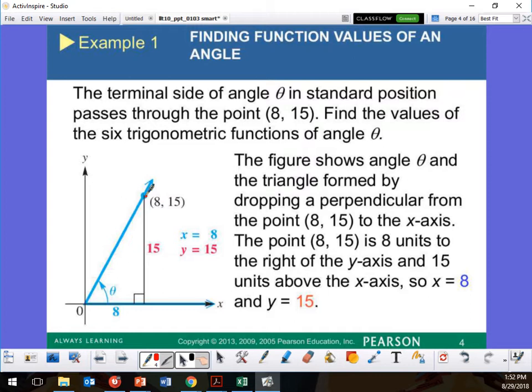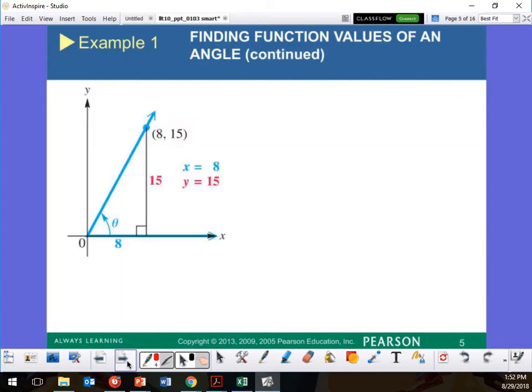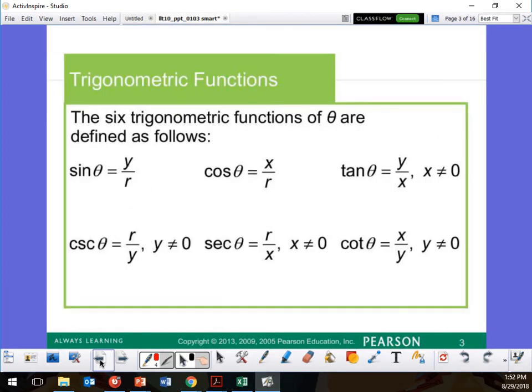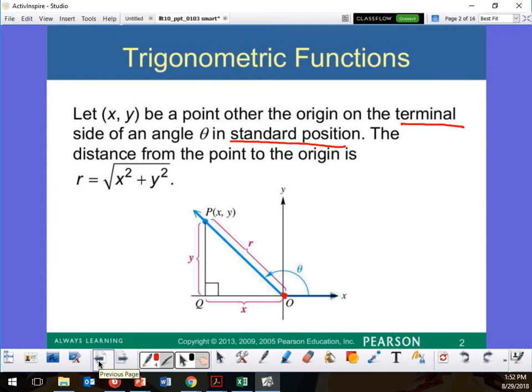So now the next thing we're going to do is solve for r, not theta yet. This one right here is going to be my r value. I gave you a formula back here, so we can solve for r.